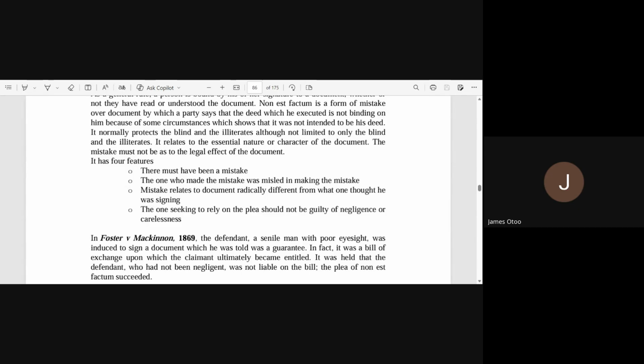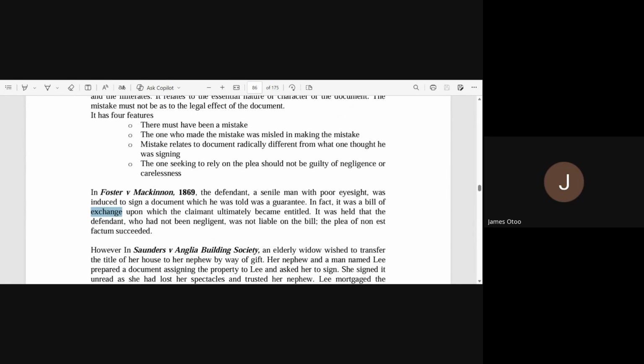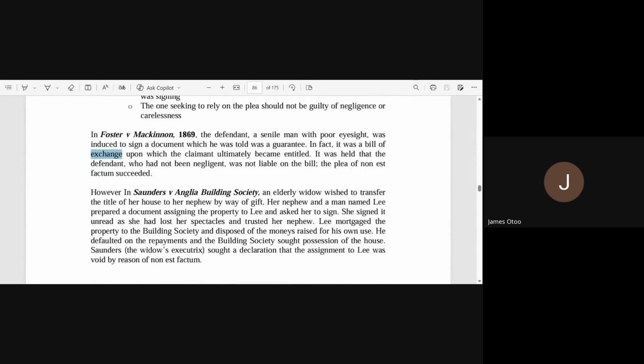And the mistake related to a document radically different from what one thought he signed. The one signing, seeking to rely on the plea, should not be guilty of negligence or carelessness. So when they give you a document, sign here, and you sign and you don't read, it will bind you, and you can't raise the defense of non est factum.